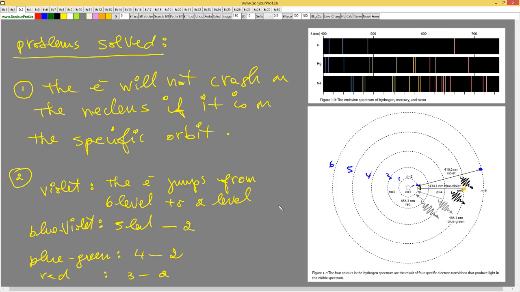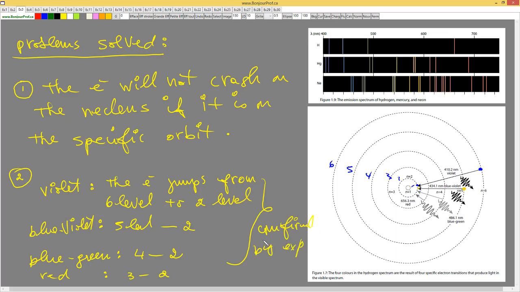And the experiment confirmed that. He even gave the equation that manages everything here, and the equation of Bohr was confirmed by experiment. So it is a success for Niels Bohr.